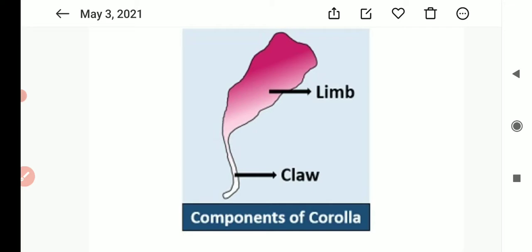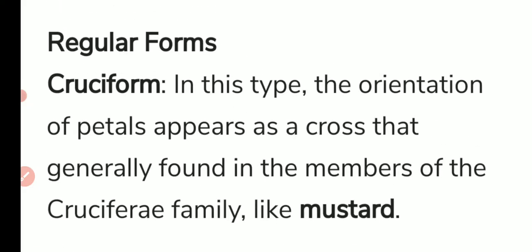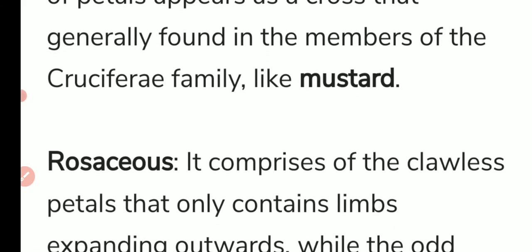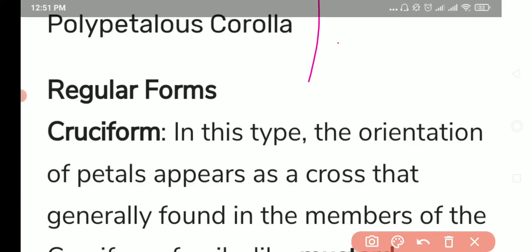Now this image shows you what the corolla is composed of. It's composed of a limb and a claw. So you have your regular and your irregular forms. Then from the regular and irregular forms, there are free petals and there are fused ones.